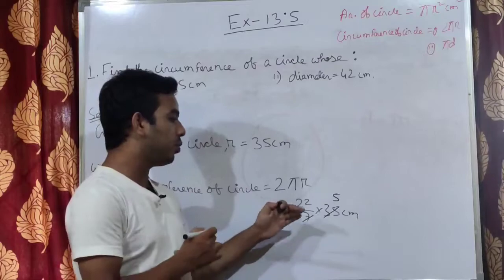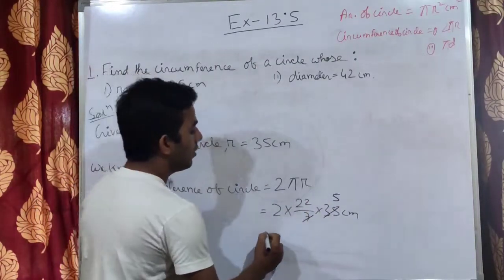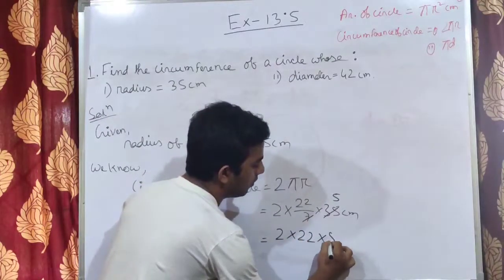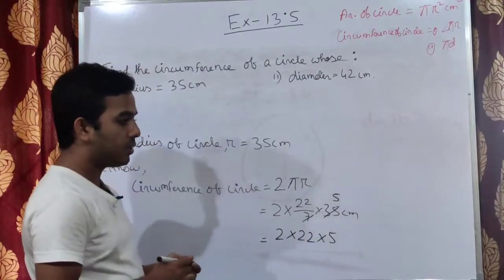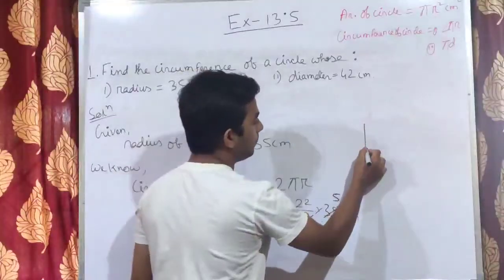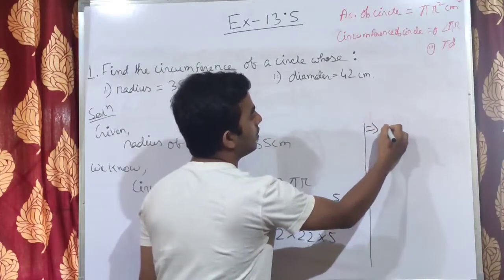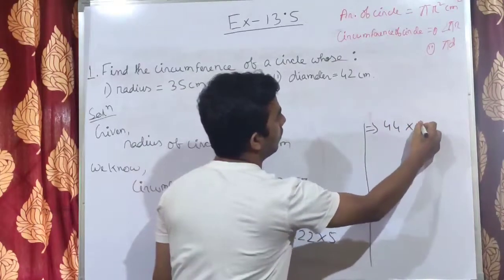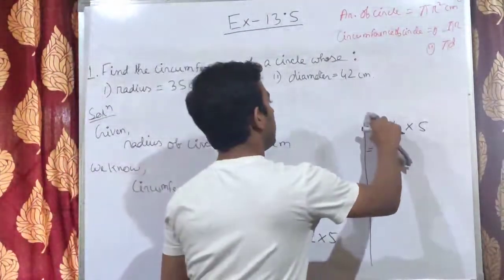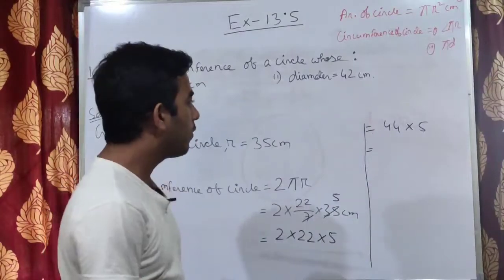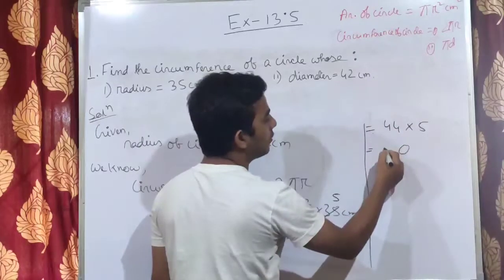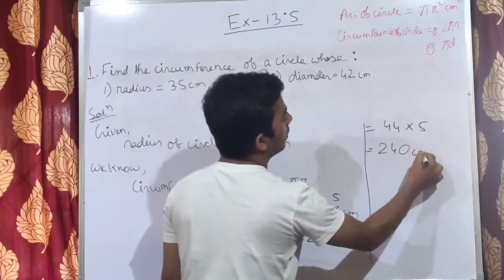Next we will multiply 2 into 22 into 5. 2 into 22 is 44, into 5. 44 into 5: 5 into 4 is 20, plus 4 is 24 centimeter.